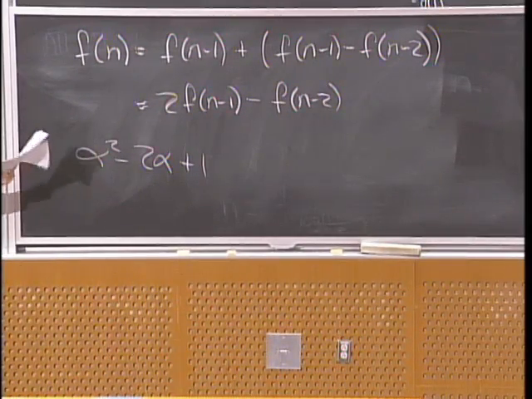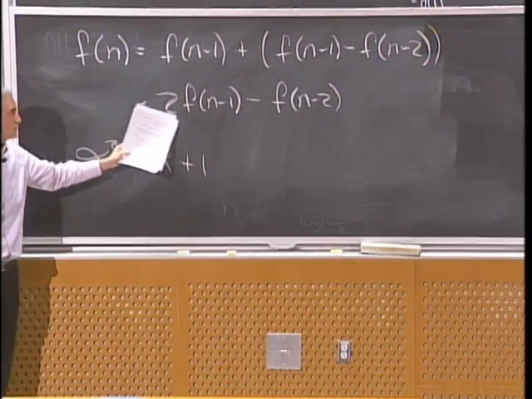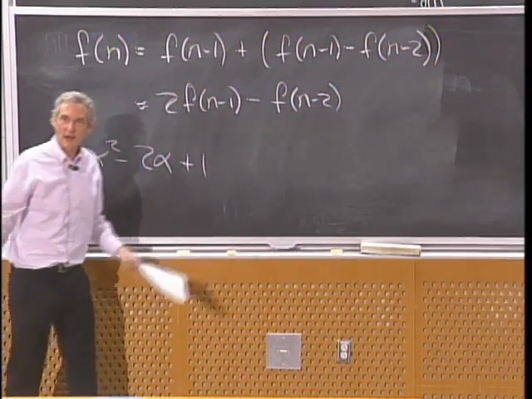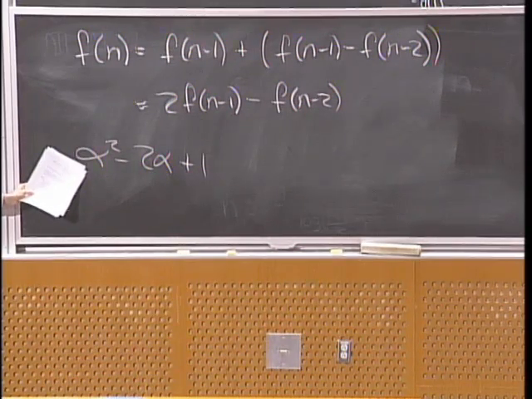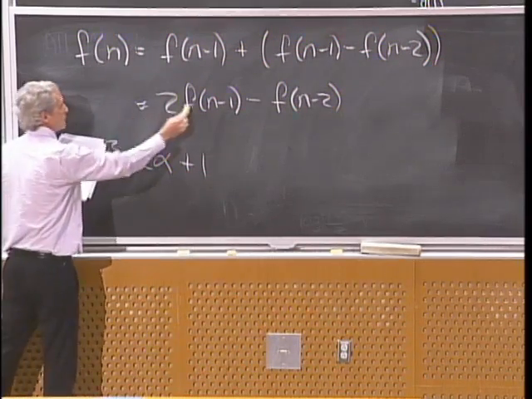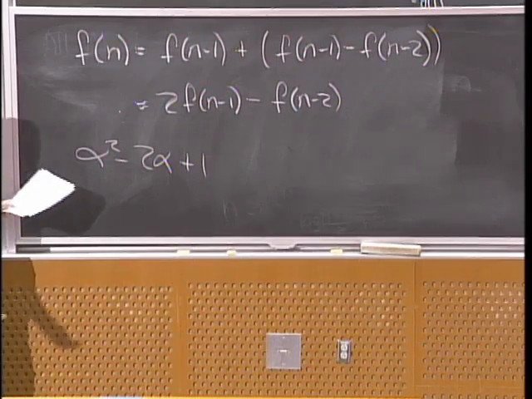All right, we jumped to that answer. I could have written down alpha to the n equals 2 times alpha to the n minus 1 minus alpha to the n minus 2, and then divided by alpha to the n minus 2. But pretty quickly, you want to start just reading it off. That's the characteristic equation. I get alpha squared, then bringing this over, minus 2 alpha, bring this over, plus 1, equals 0.